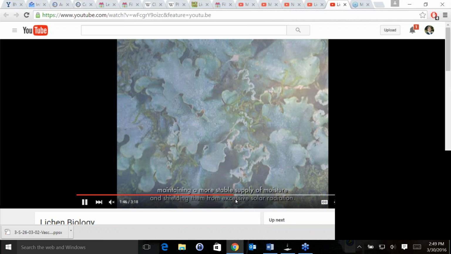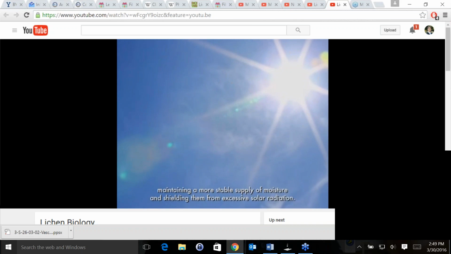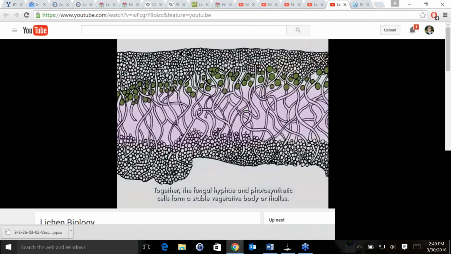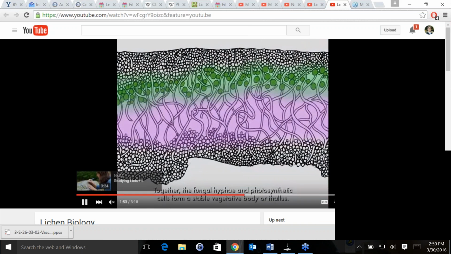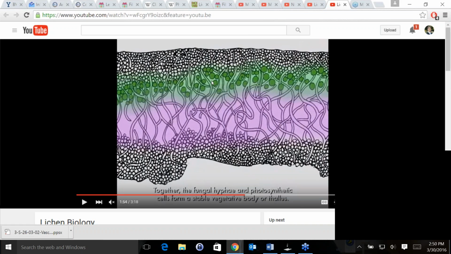The fungus benefits from the sugars produced by photosynthesis, and the alga or cyanobacterium benefits from the protection of the hypha of the fungus, because it maintains the level of humidity and is able to absorb and bring nutrients to the organism to do photosynthesis.